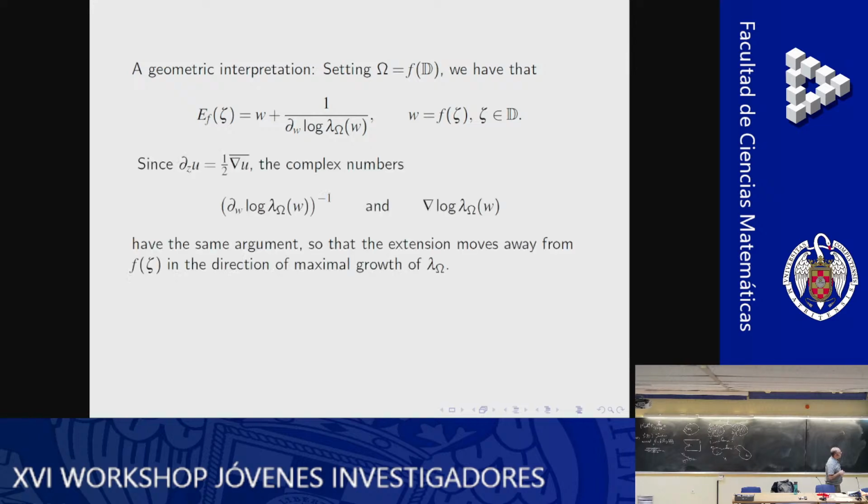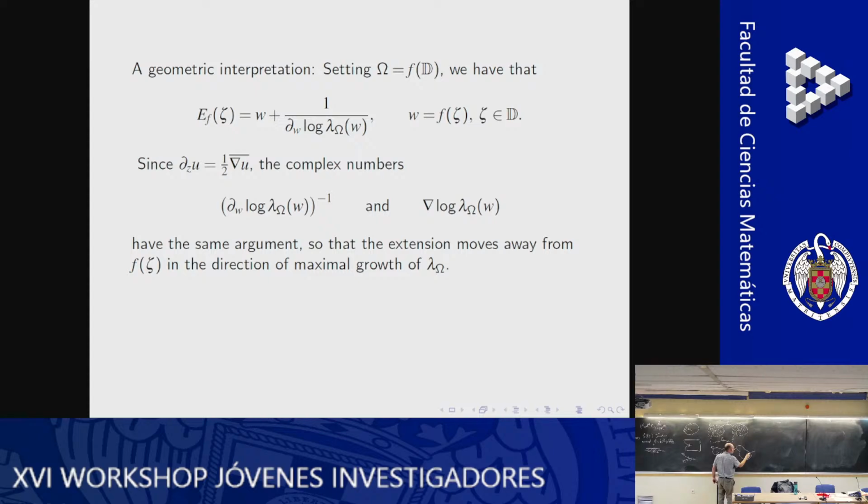Now, what can we get out of this? Well, see that the analytic derivative of something is 1/2 the gradient conjugate. So therefore, the inverse of this analytic derivative and the gradient have the same argument. So the gradient tells you in which direction you grow the fastest, and that's the way the reflection, the extension, is sending you.